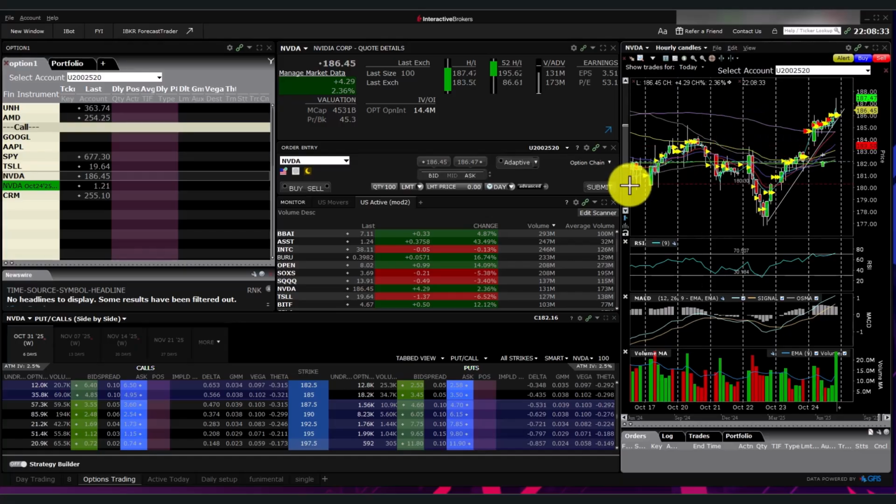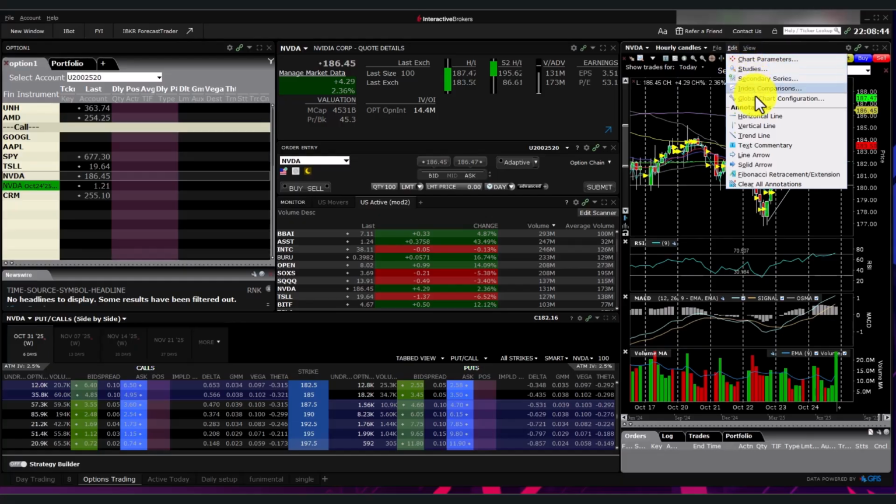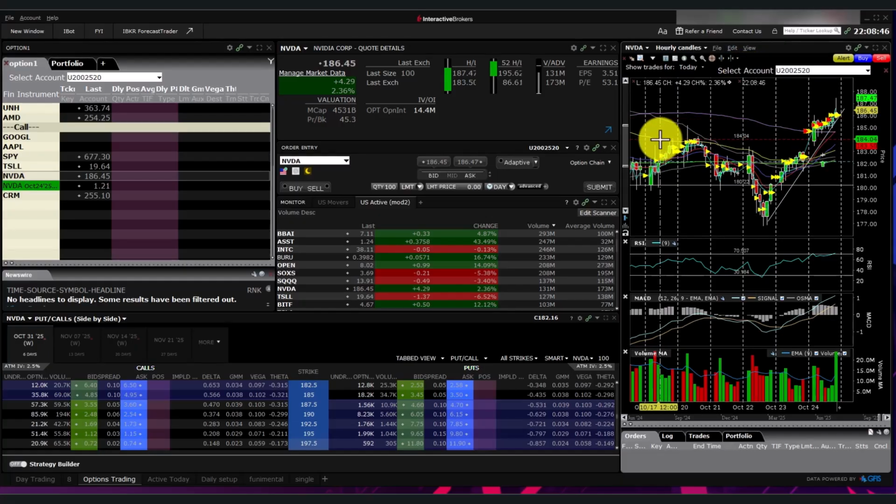So if you look at the week, we have NVIDIA. Buyers are interested to buy around here, and sellers are more likely to sell around here.